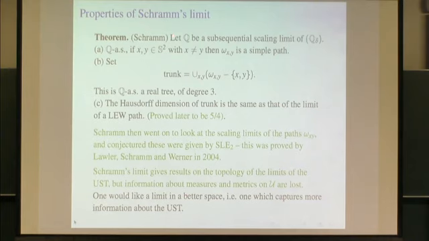So let Q be a subsequential limit of these Q deltas. Then Q almost surely, if you take 2 points in S2, omega x,y is just some compact set, but almost surely we get a simple path out. He defined the trunk, which is the collection of these paths minus the endpoints.